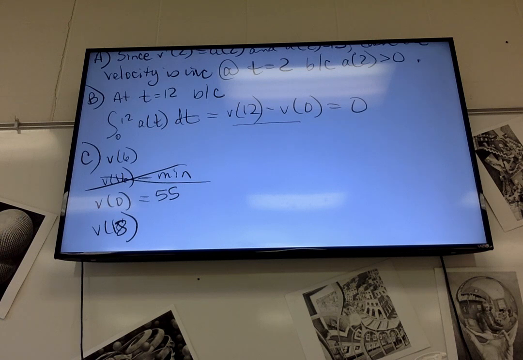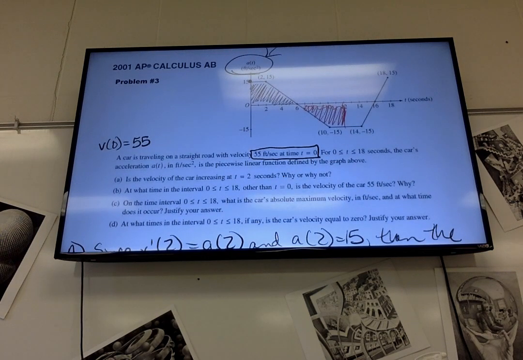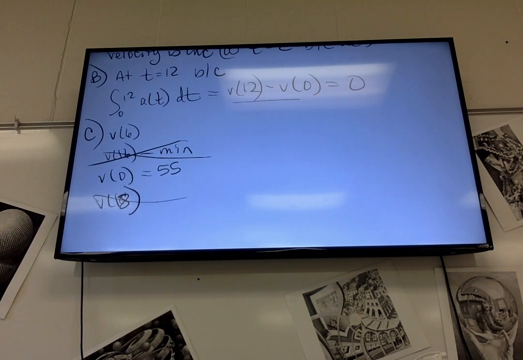V of 18 is going to be less than that. I know it rises a bit but it's never going to recover all the way, so I can get rid of that.